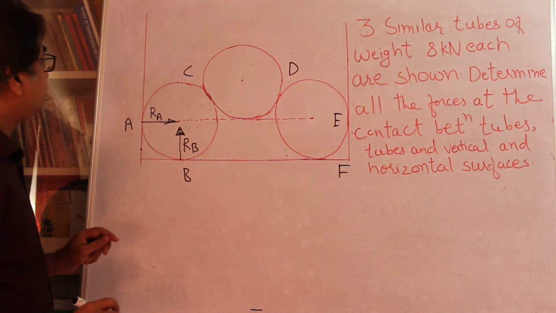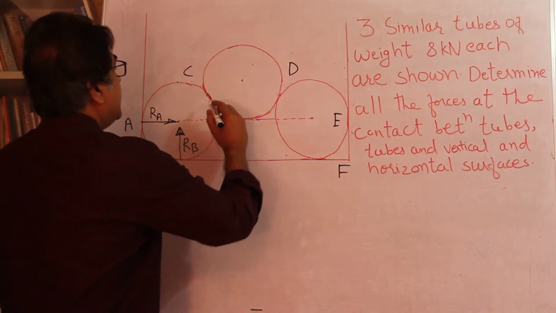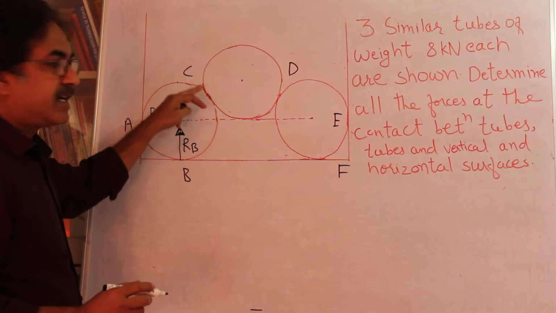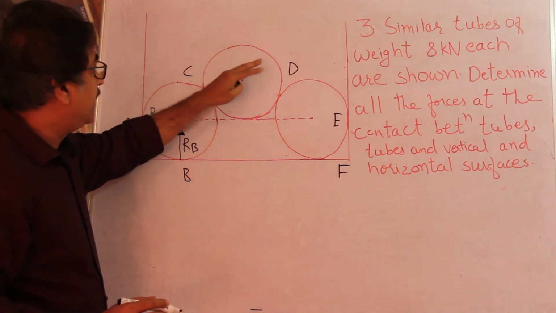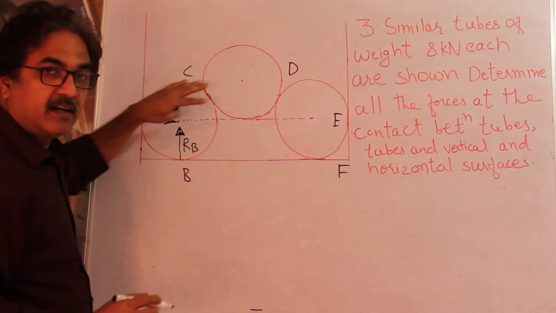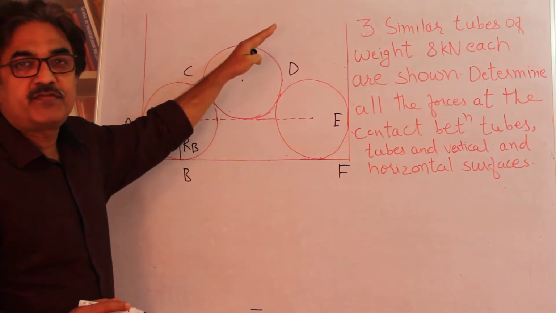Then what about this point C? At point C, you will see that the upper circle is going to exert some force on this, and this is going to exert an equal and opposite force on this.